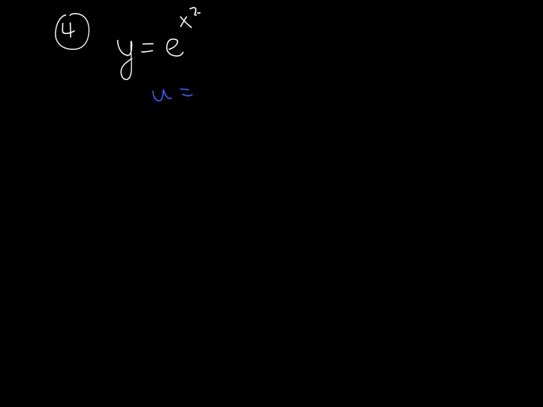We're going to let u equal x squared, that part that I don't like, because I know if it were just y equals e to the x, my derivative would be e to the x. So what is it if it has e to the x squared? U is x squared, then I've got du dx would be 2x, and then my dy dx would be e to the x squared, rewrite exactly what I have for my function, and then follow that, of course, by my du dx, which is 2x.